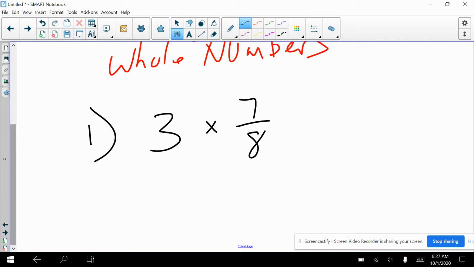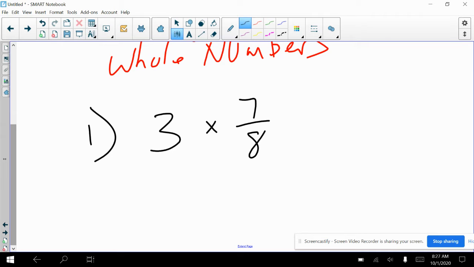Tell me what it would look like. 3/3, he says. Well, no. 3/3 would equal what number? It would equal 1. It's a 3. We have to keep it the same value.